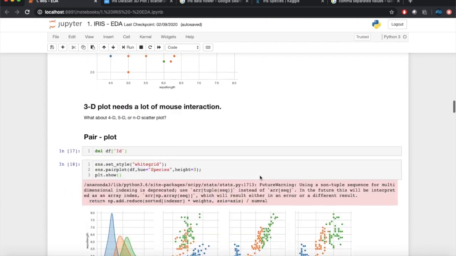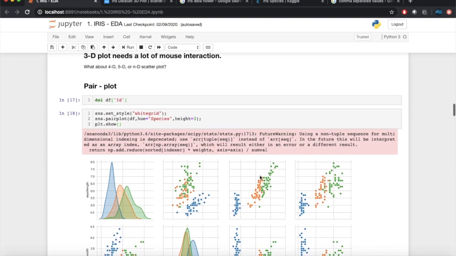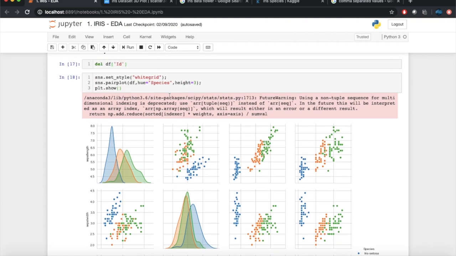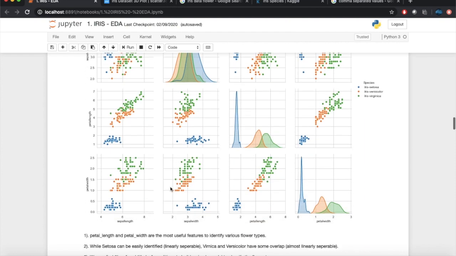So now next is the pair plot. There are four features we have: sepal length, sepal width, petal length and petal width. Can we plot all of them in a single graph? Yes, there is a way. Using seaborn pair plot, we can plot all the features together, and you can visualize this perfectly.